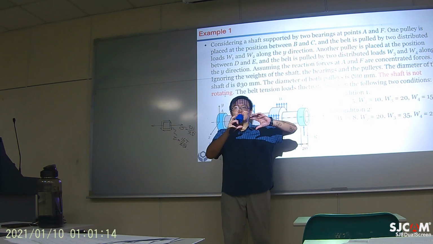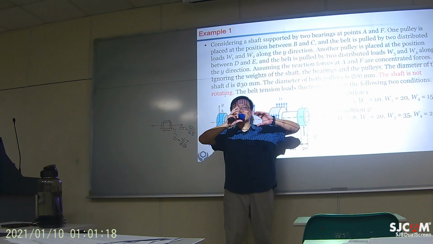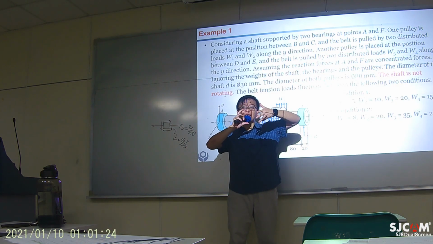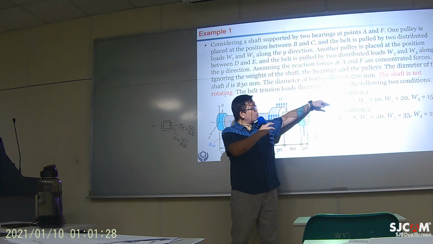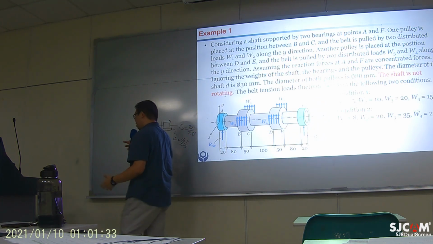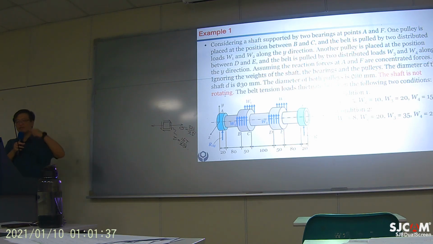At a certain point of time, the belt tensions are in condition 1. And then at some other time, it changes to condition 2 and goes back and forth. So this is how the problem describes the fluctuation of the load.